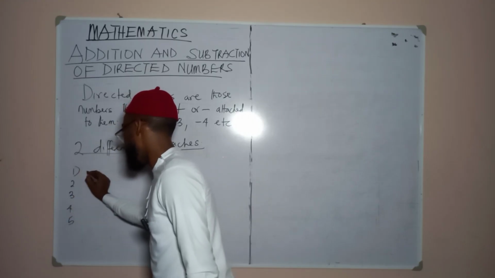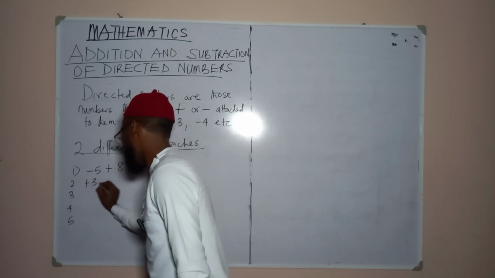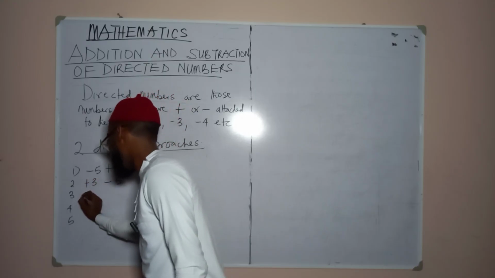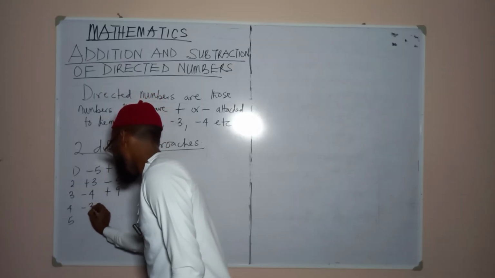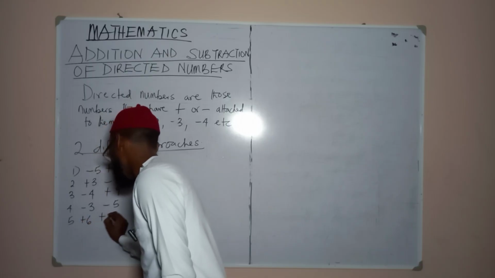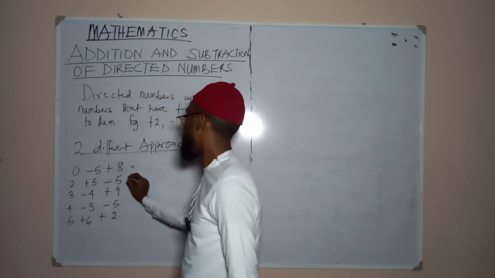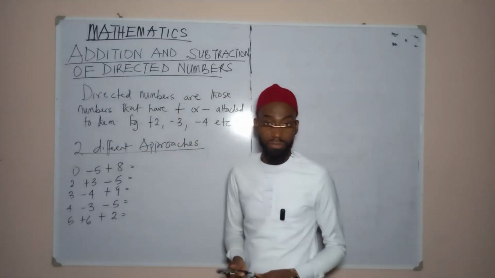I have here number 1, minus 5 plus 8, plus 3 minus 5, minus 4 plus 9, minus 3 minus 5, plus 6 plus 2. So we will try and solve these ones and then probably find what the values are.